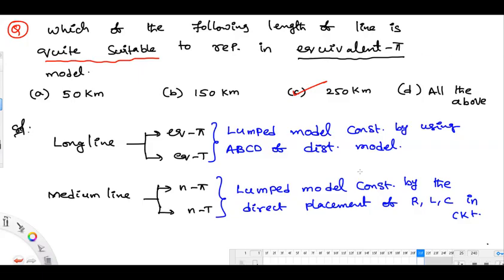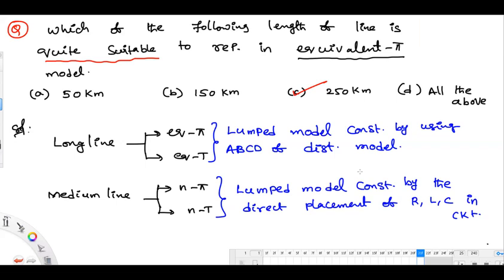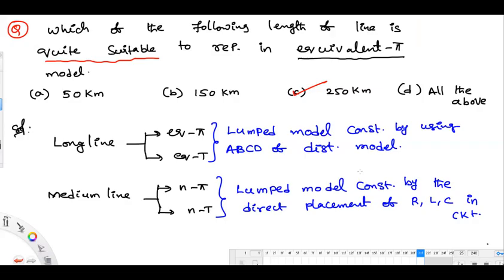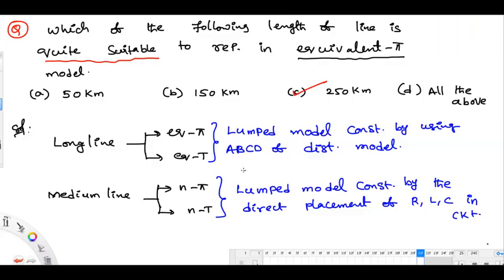Okay, sir, then ultimately the equation comes as no load voltage magnitude minus full load voltage magnitude by full load voltage magnitude. Right, sir. Sir, I have seen another formula somewhere. No load minus is used for transformers for some special purpose. Yes, for transformers. And sir, another doubt: if you use a lumped model and a distributed model, the answer will be the same, na sir?